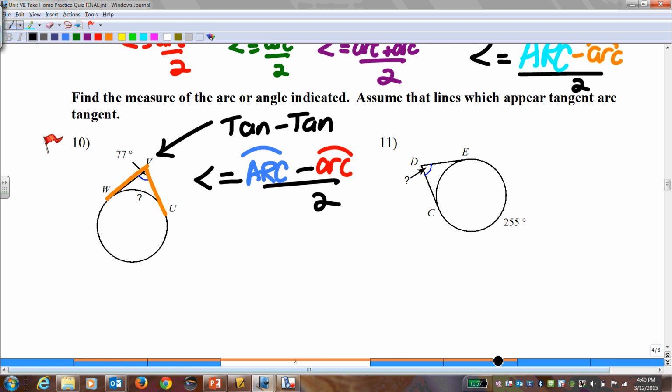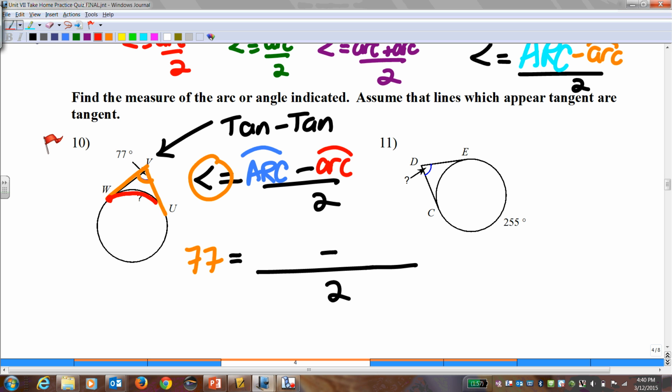Okay, let's see what we can do here. We're in circle plug time. So we have the angle, we sweep the angle. Our angle is 77. Problem is, we don't have either the big arc or the small arc.